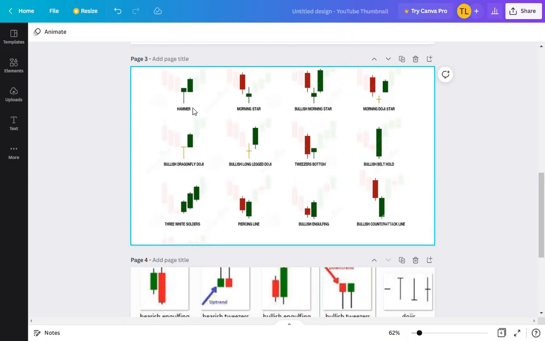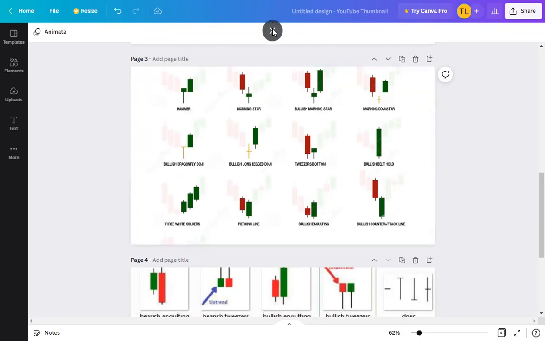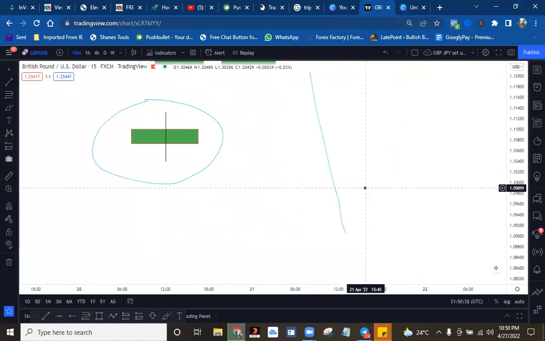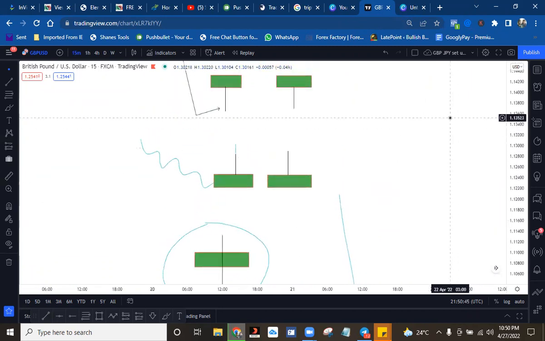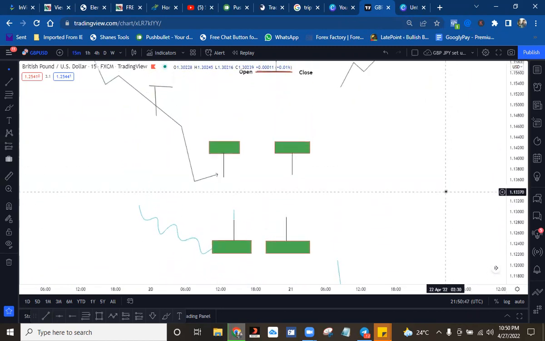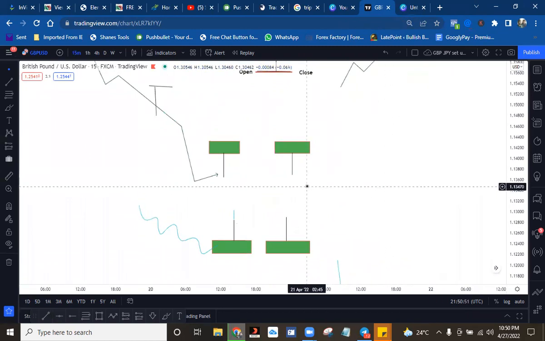That is a buy signal. Remember what I told you guys about the difference between a hammer and the other one?